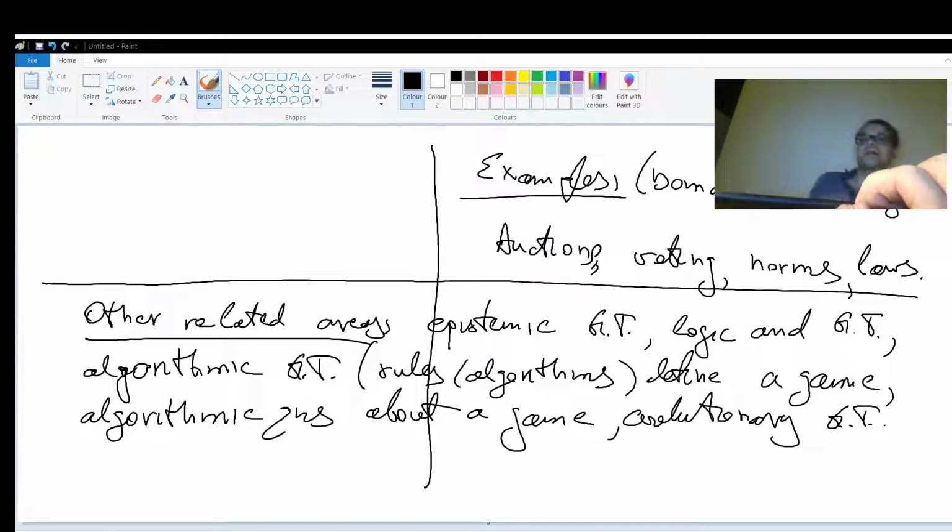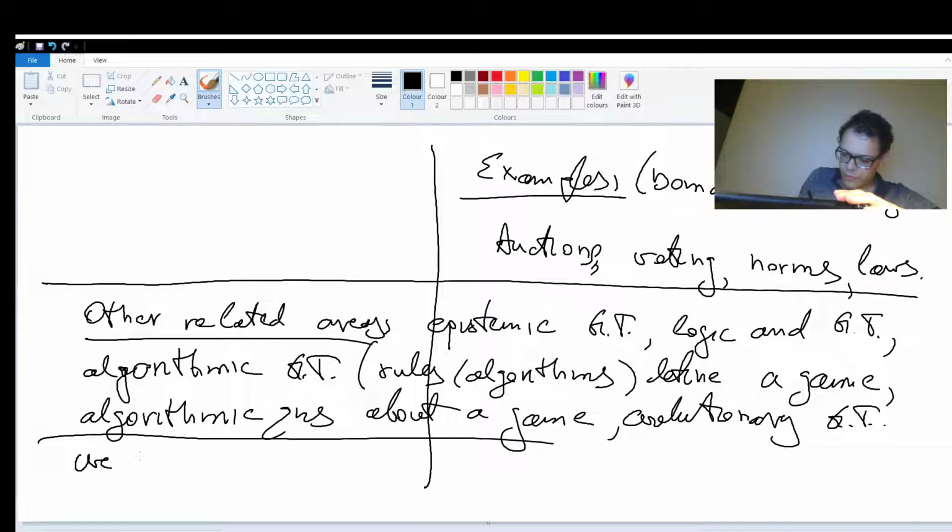And one last thing which I will tell in this general introduction before we move to the utility theory is that we take a normative approach here. What it means is that, let me write it down. We take a normative approach.